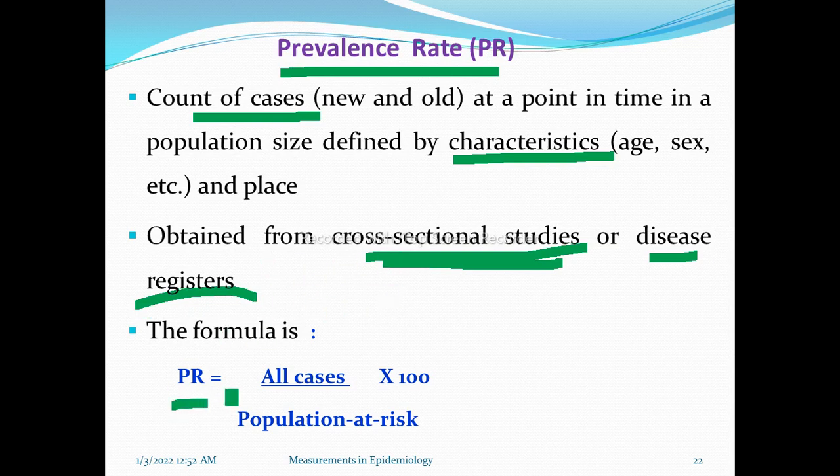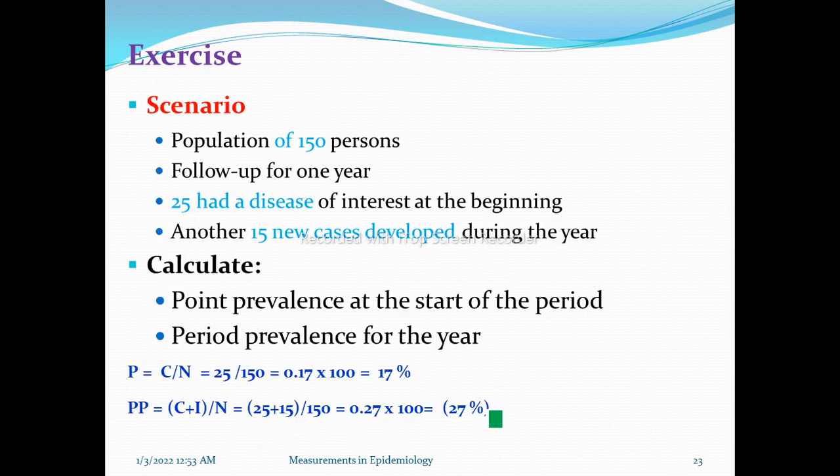So prevalence rate is equal to all cases, new cases plus existing cases, over population at risk times k, maybe 100 or 1000 or 10,000 or 100,000, to remove decimals. That is the prevalence formula.